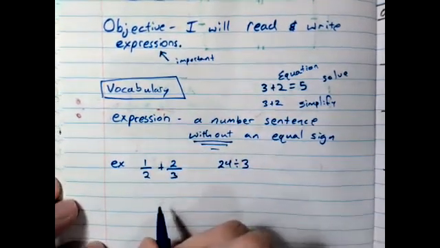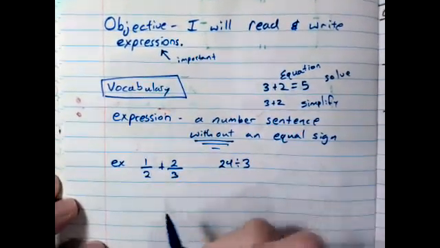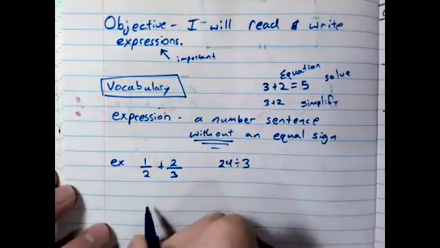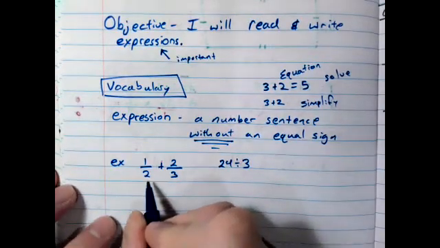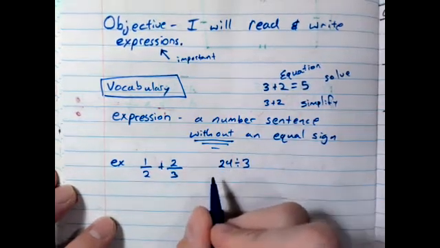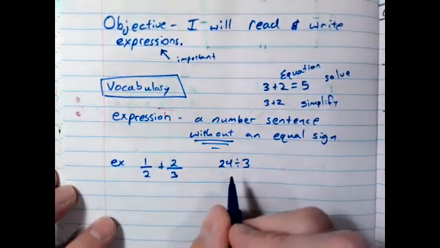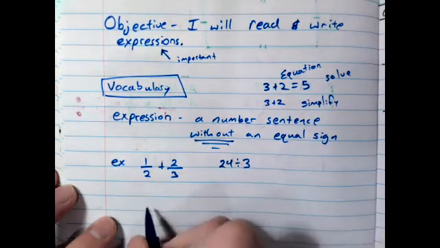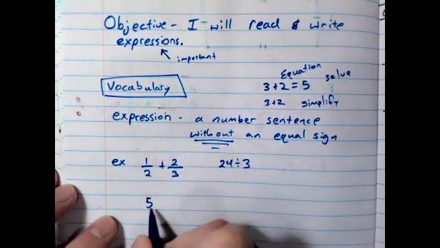We could also have an expression that uses parentheses. So it could be more than 2 addends or more than a dividend and divisor. It could have 3 different parts. So this one is a little bigger.